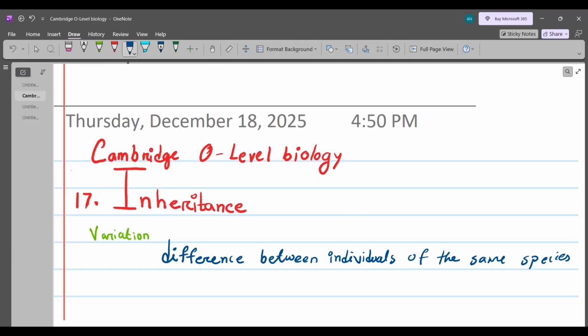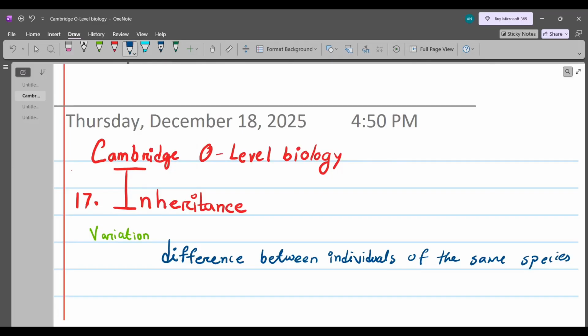These are intermediate values rather than clear-cut categories. If you ever hear the word continuous variation, always remember it means height, body mass, finger length, the outer characteristics of a person that we can see.